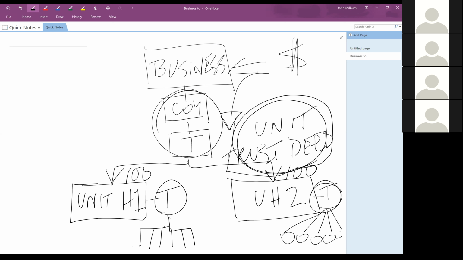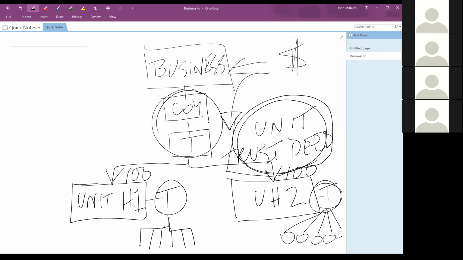But this is really just a private situation where there's only, say, 2 individuals that are really in control of this company. So the company operates the business, receives money, then must comply with the terms of the unit trust deed, which is a fixed trust, to distribute the money, in this case, equally to the unit holders, because they have the same number of units.